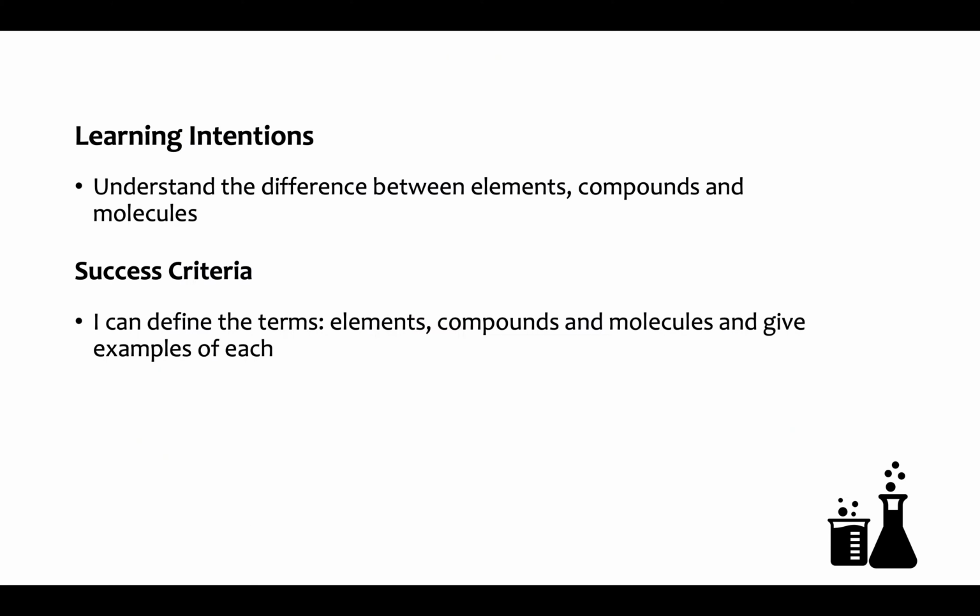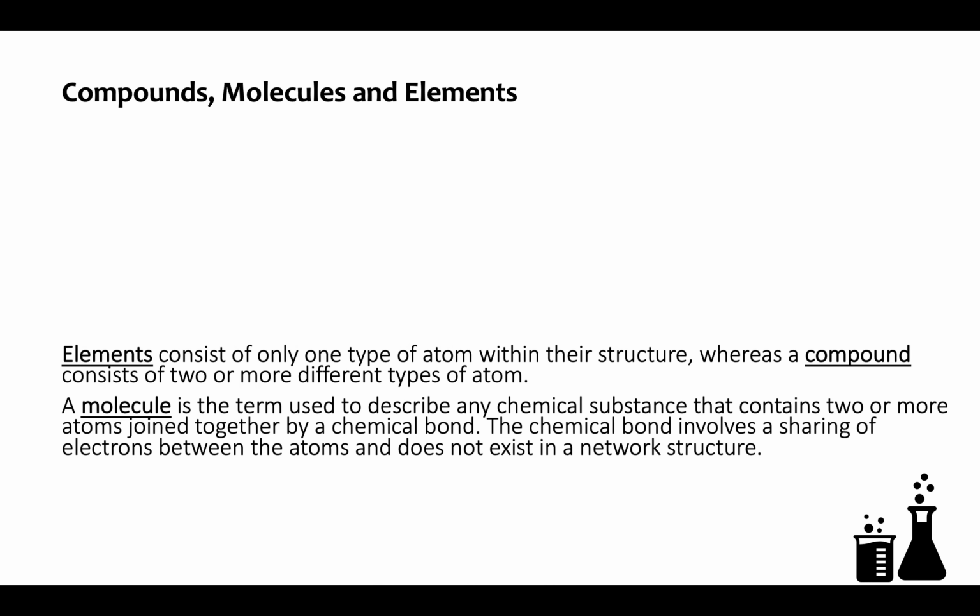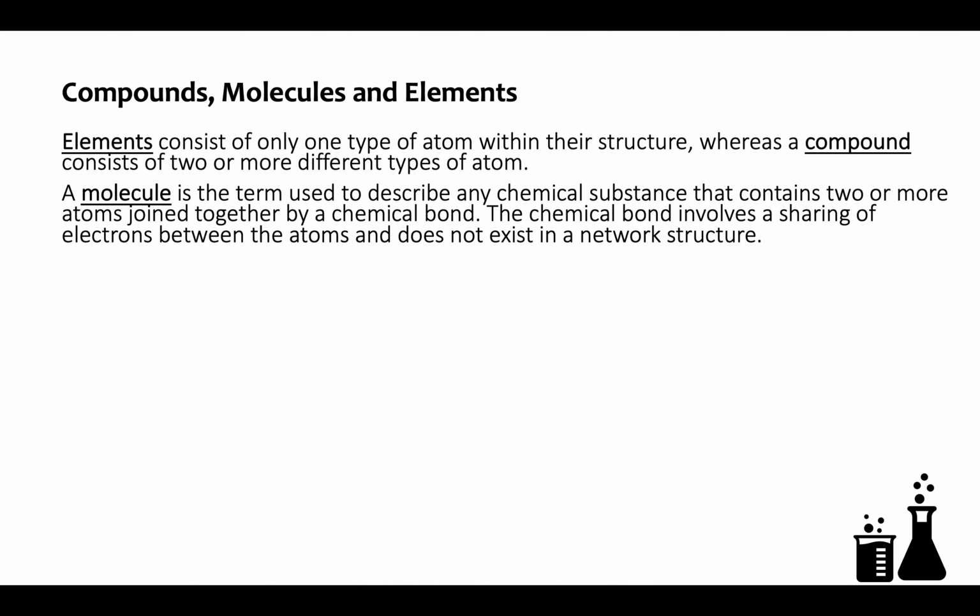Okay, so yes, the learning intention is that we're going to be able to understand the difference between elements, compounds and molecules. So elements, compounds and molecules, what are they? So elements consist of only one type of atom inside their structure, whereas a compound consists of two or more different types of atom inside the structure.